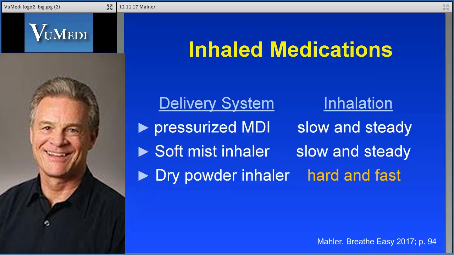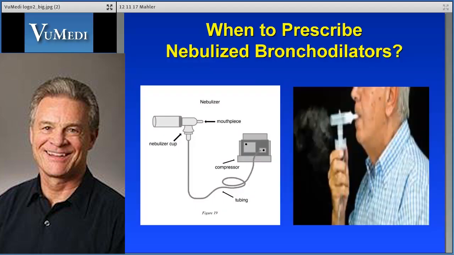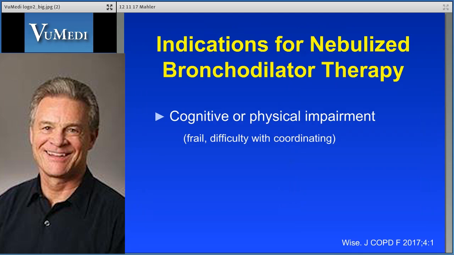The fourth delivery system is the nebulized device, shown here. Indications for nebulized bronchodilator therapy are summarized in a recent publication in the Journal of COPD Foundation. One indication is cognitive or physical impairment, meaning this individual has some frailty or has difficulty with coordination.